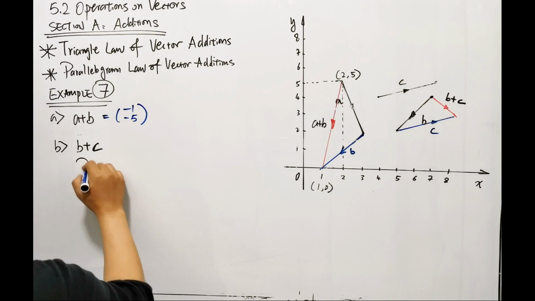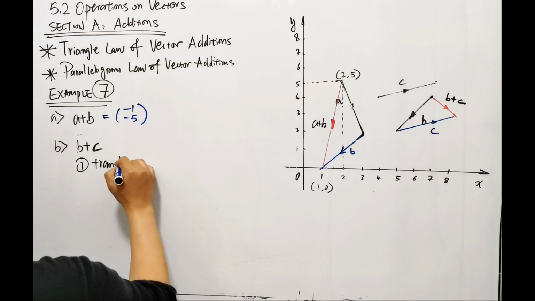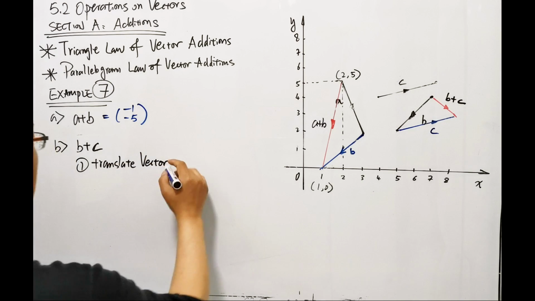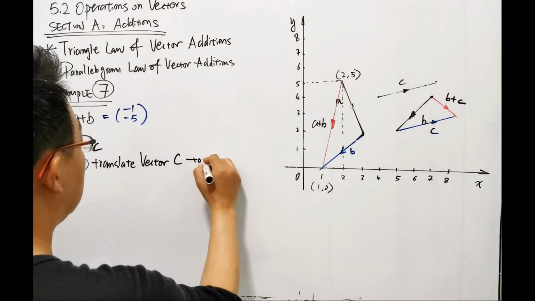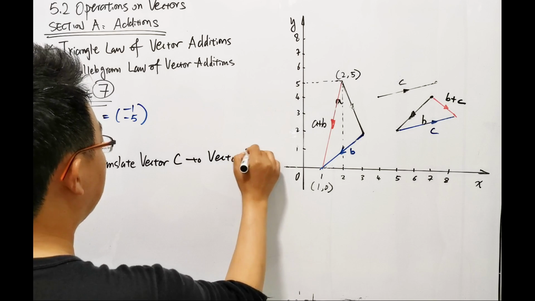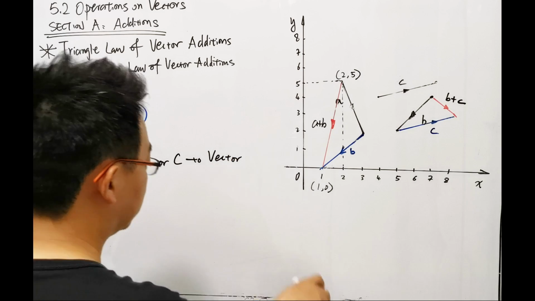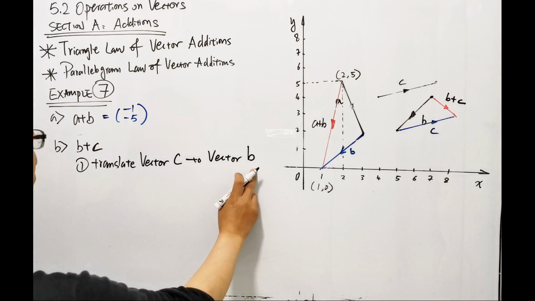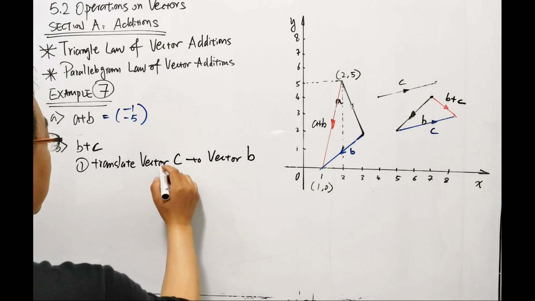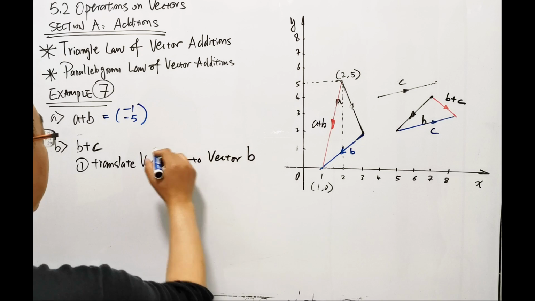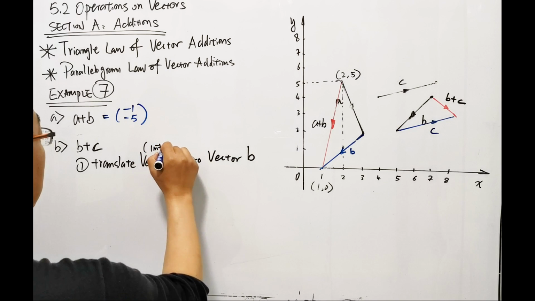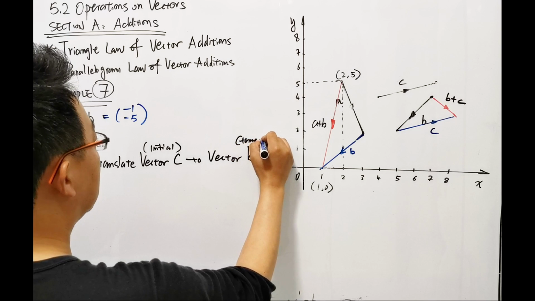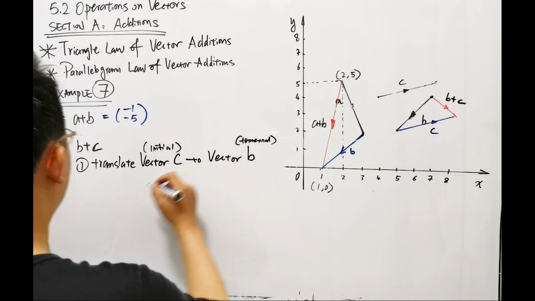We can do it. The first one is to translate vector C to the vector B. Okay, so translate vector C to the vector B. So from this initial point to the ending point, initial point to the terminal point, right?